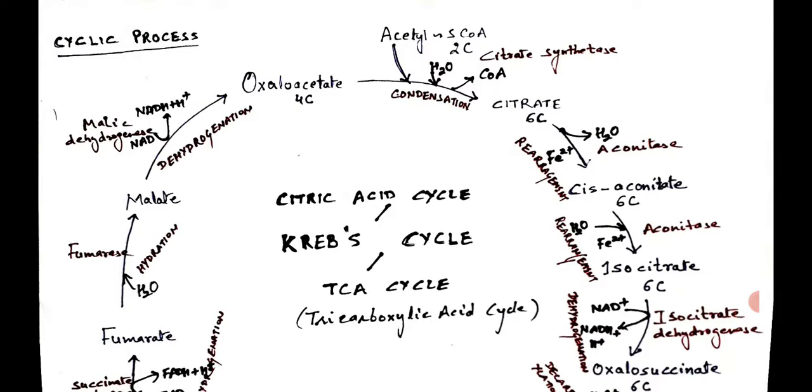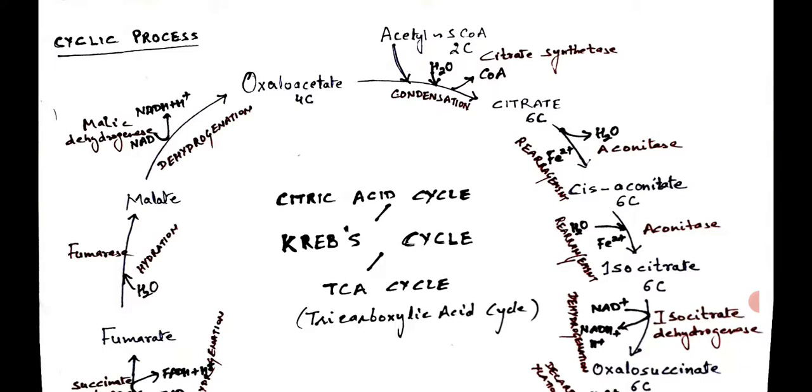Even the beta oxidation of fatty acids forms acetyl-CoA, and for some of the amino acids also, the end product is acetyl-CoA. So this is the central key compound of all metabolic processes, namely carbohydrates, lipids and proteins.